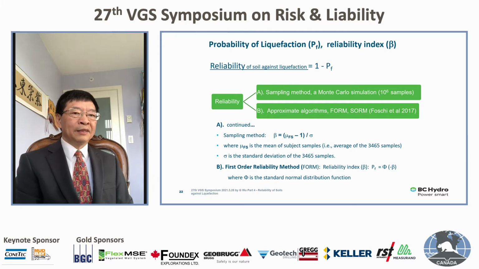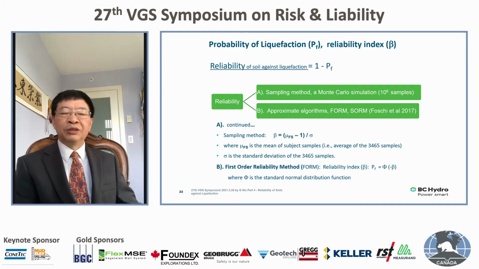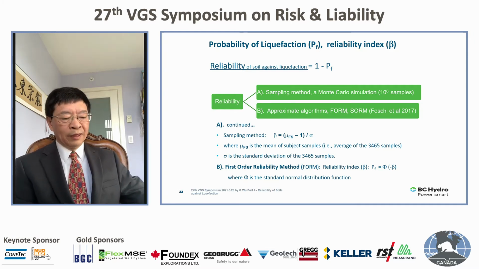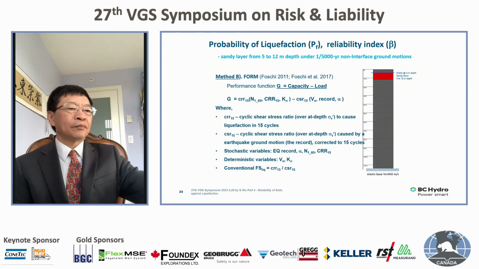You characterize each stochastic variable by known distributions, such as normal distribution, Poisson's distribution. Then, by doing the approximate method, you find the reliability index first, and then applying the equation of reliability using the standard normal distribution function, you will get the probability of failure. Next slide, please.